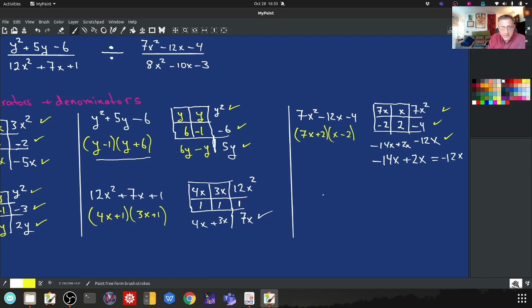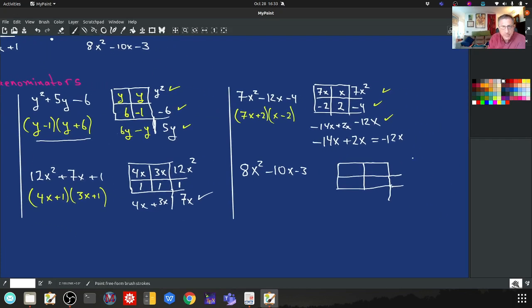Then the last factorization is 8x squared minus 10x minus 3. So immediately just start it out. Try to figure it out. So 8x squared, let's just get some more room here. 8x squared. Then minus 3. It's good, that's prime. And then minus 10x.